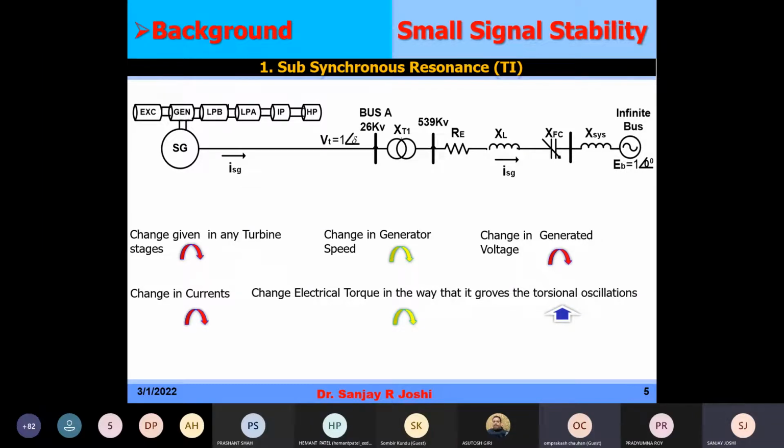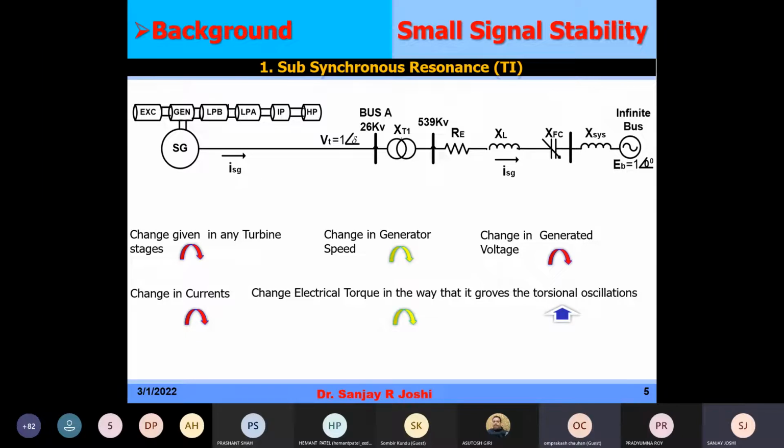These currents induce a magnetic field which may be in the direction of rotation of the rotor or opposite, depending on the phase sequence of the currents induced in the generator stator winding due to the disturbance in the system. So there is a magnetic field.